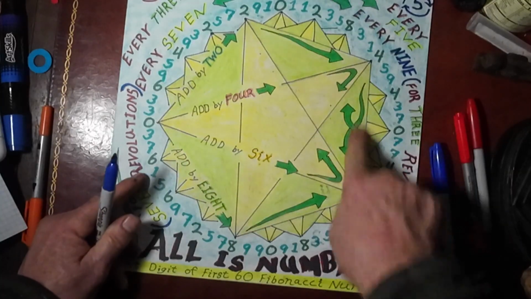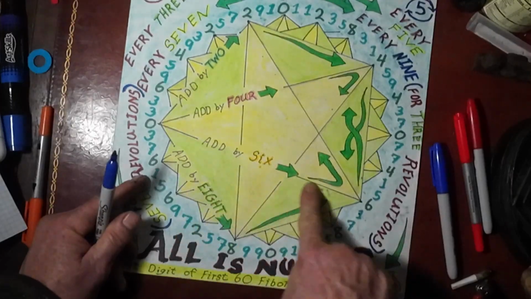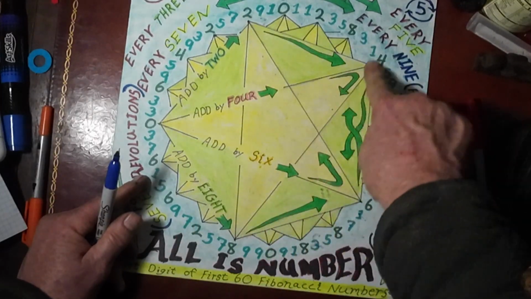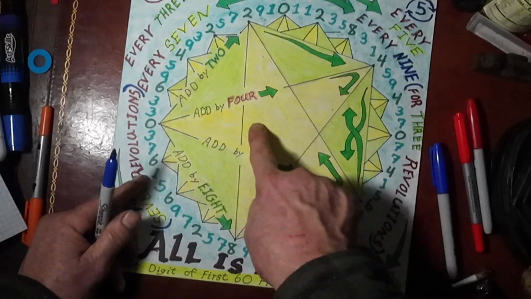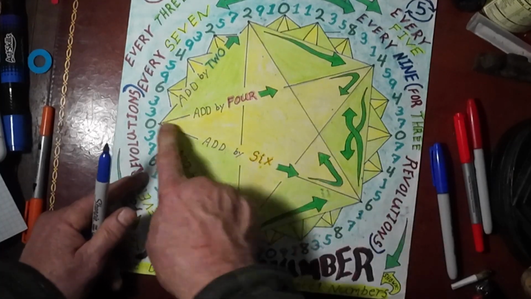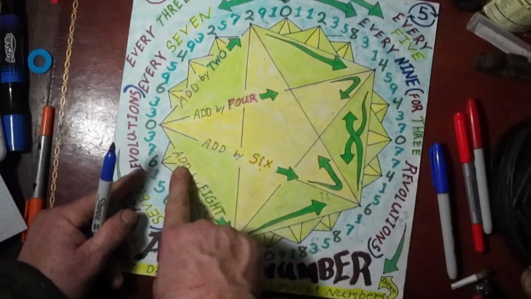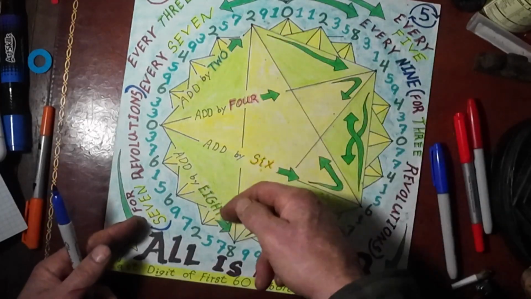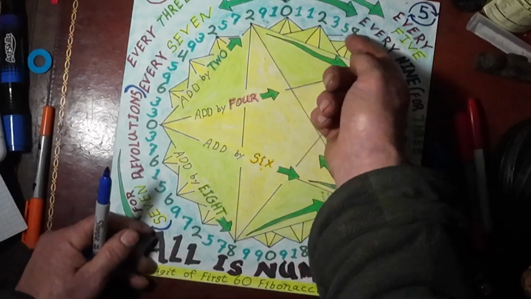And we're just dealing with this particular one. And if you reverse the direction and go counterclockwise and follow the unicursal pentagram counterclockwise, it's an add by 6 pattern. And if you go counterclockwise on the pentagon, it's an add by 8 pattern. We have our 2, 4, 8, and 6 again. And it's going to be in that same pattern.